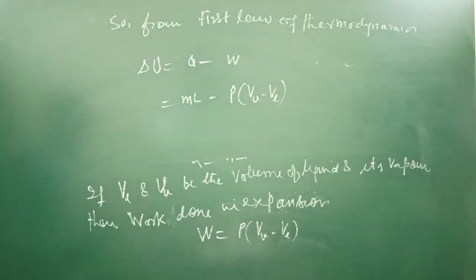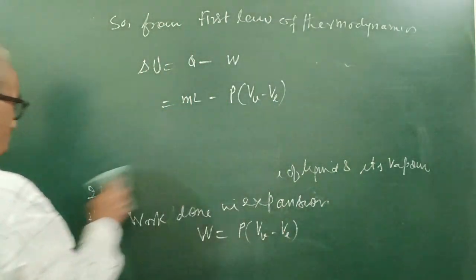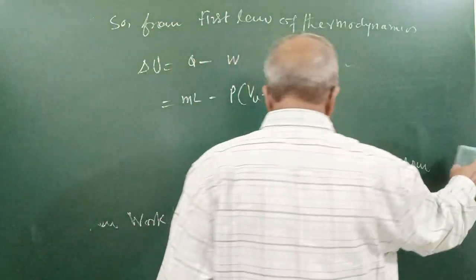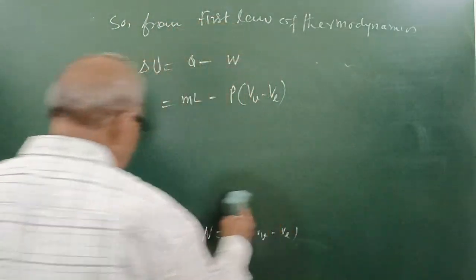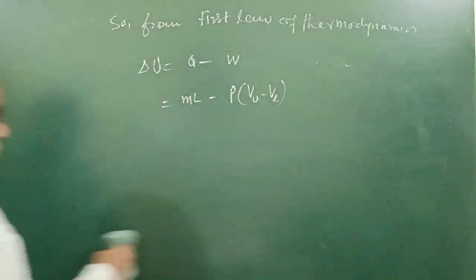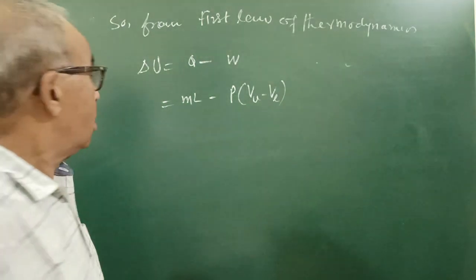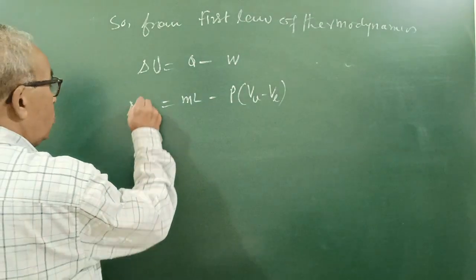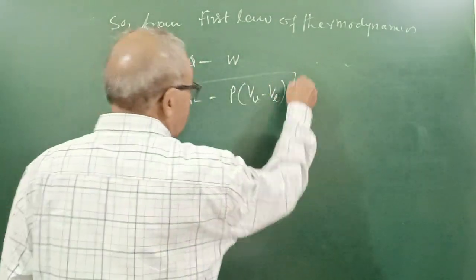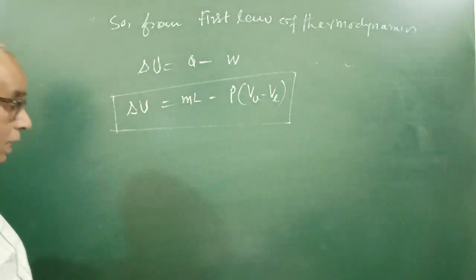Vapor volume will be more than that of liquid. So this application is very important. Questions are asked. Although everything is important in physics, nothing is to be rejected that we don't want to learn. Everything has to be learned seriously.